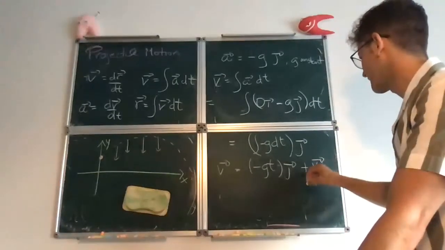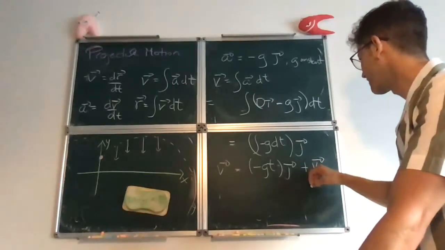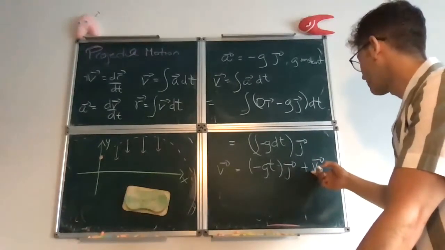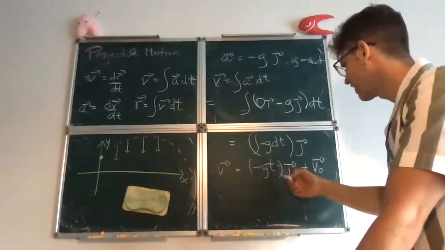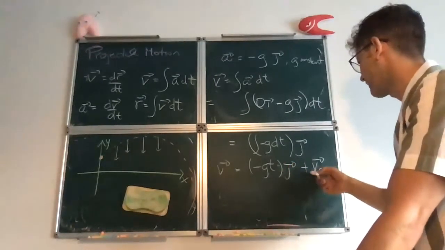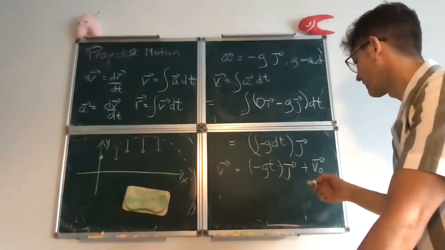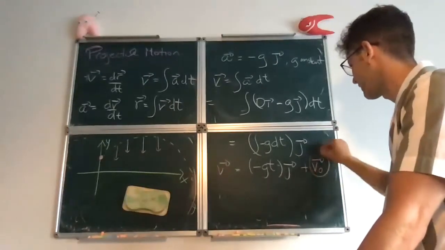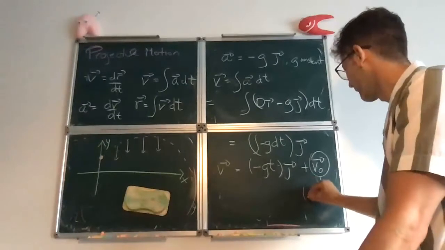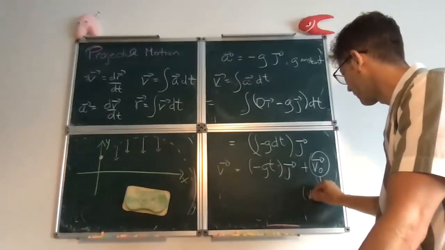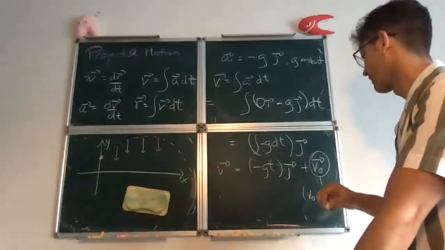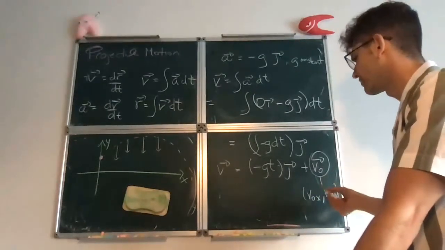You can think of it as not needing to be a vector just along j. It can also have an i component. So the constant of integration is really two terms. That's what I'm trying to say. This is a component in the x direction and a component in the y direction, which is known as the initial velocity, right?